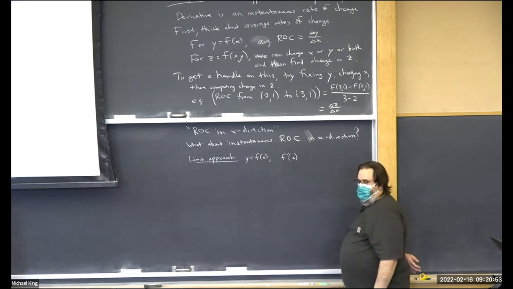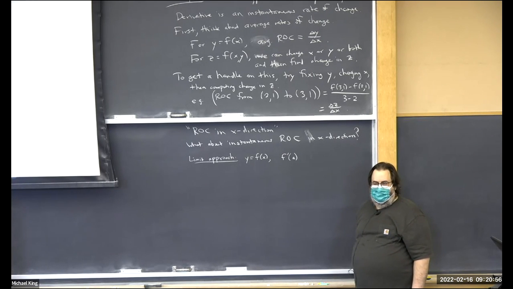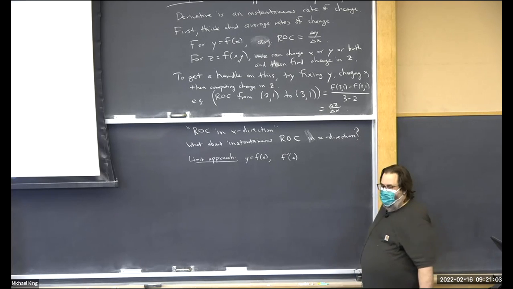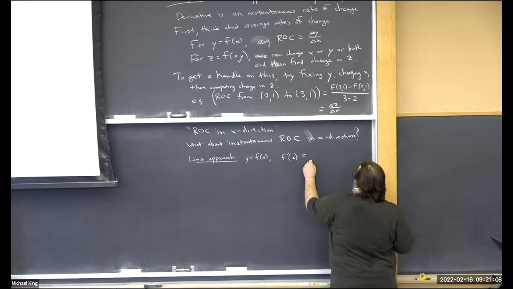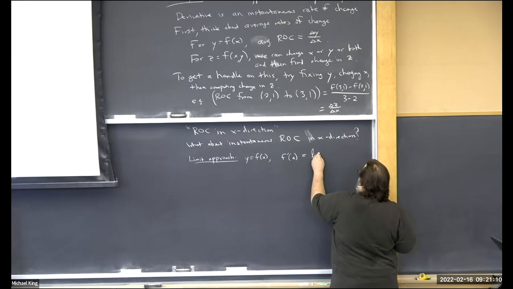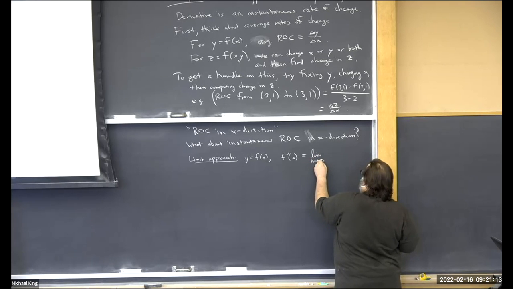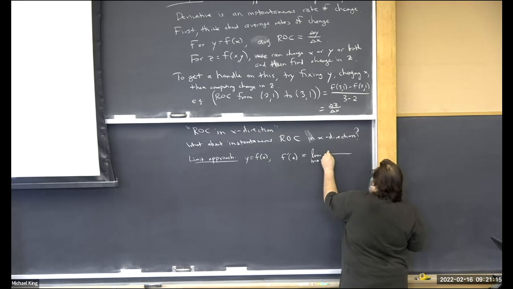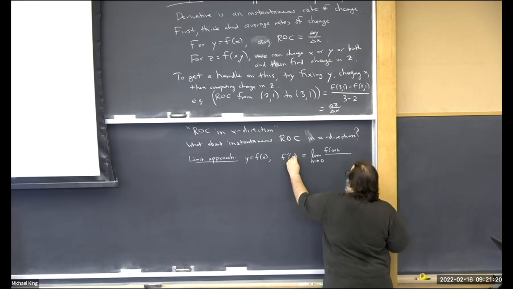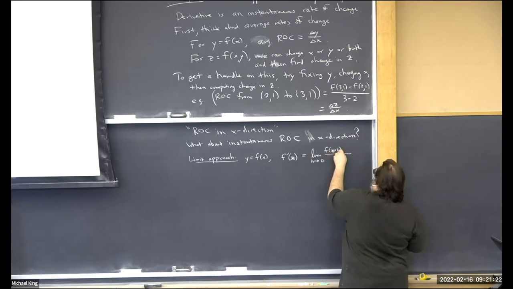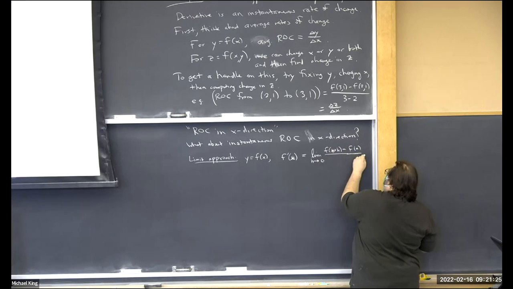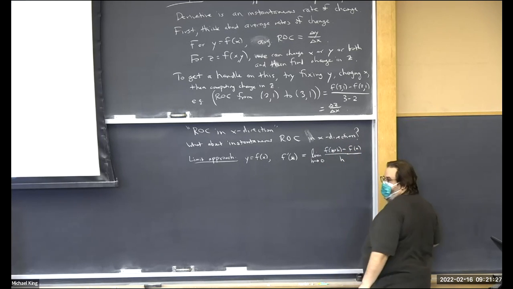How many people think they can quote the limit definition of the derivative off the top of their head? That's very sad. It's an instantaneous delta y over delta x though, right? So if you remember, you could do the limit as h goes to 0 of f of x plus h minus f of x all over x plus h minus x, which is h.